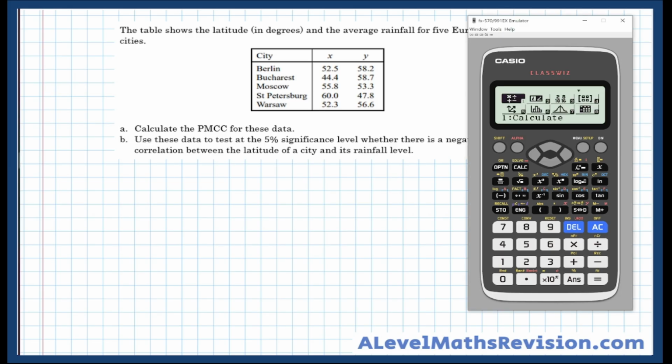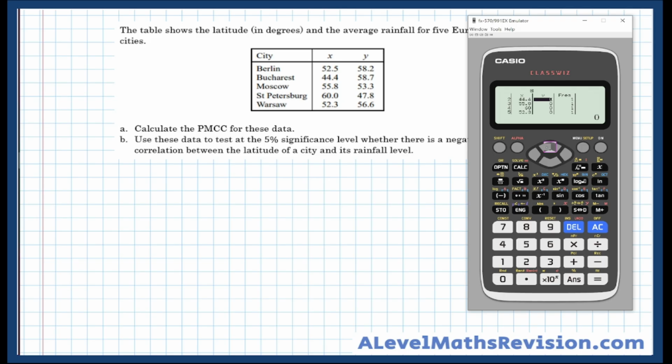So to calculate the product moment correlation coefficient for a set of data, we go to statistics mode and into regression mode, which is mode 2, straight line regression, linear regression, y equals a plus bx. And let's input the data now. So we've got 52.5 is the x values there, 44.4, 55.8, pressing equals to enter it, 60.0, 52.3.